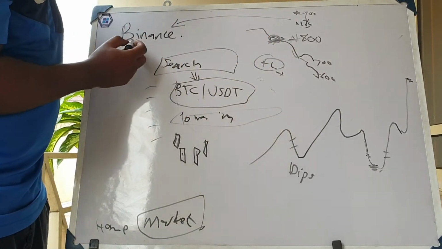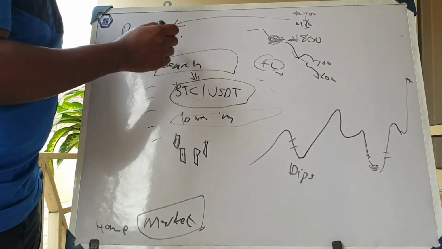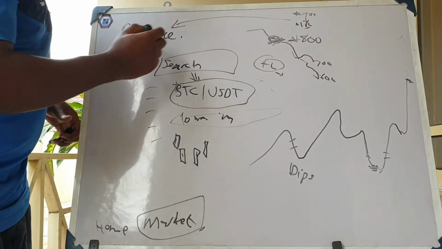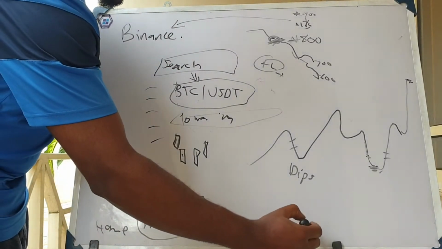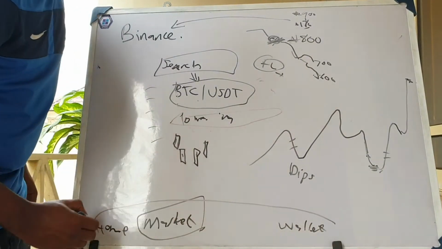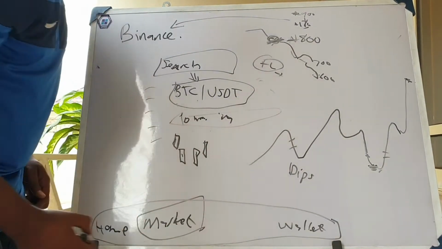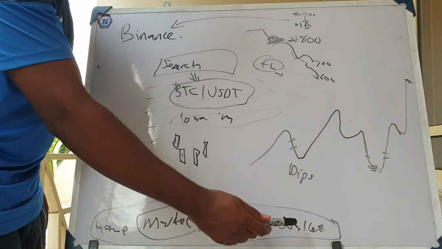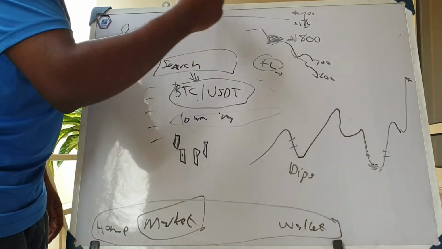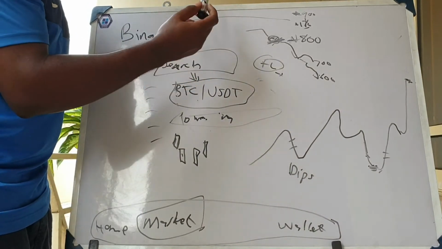If you go to your Binance and go to wallet, wallet should be, I think, the last on the bottom page. On the bottom, you see wallet there. Once you click on wallet, you see overview, you see spot. Click on spot.